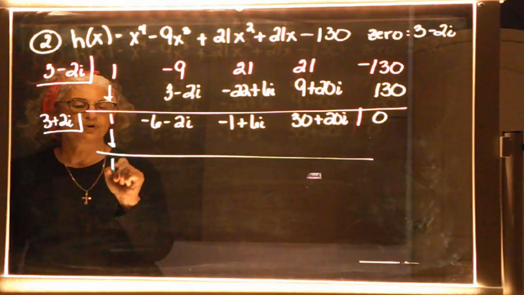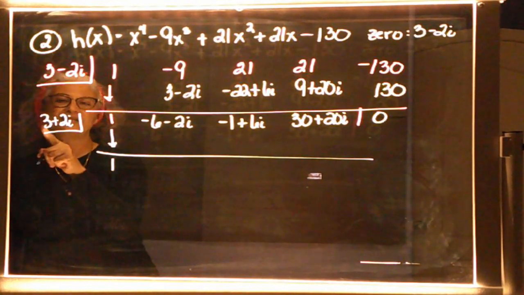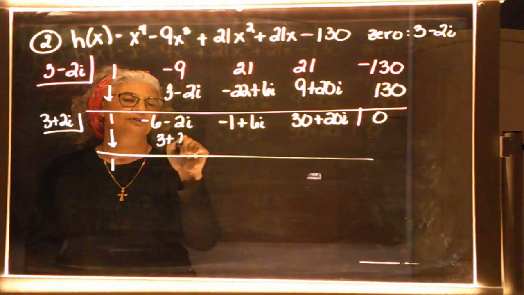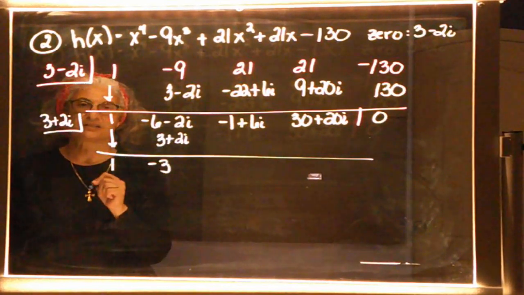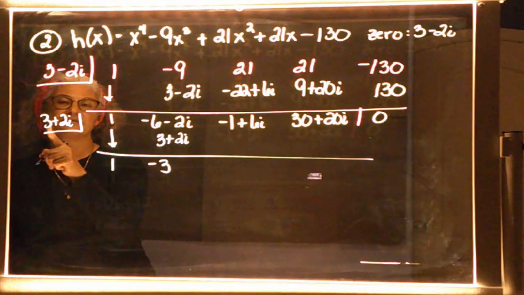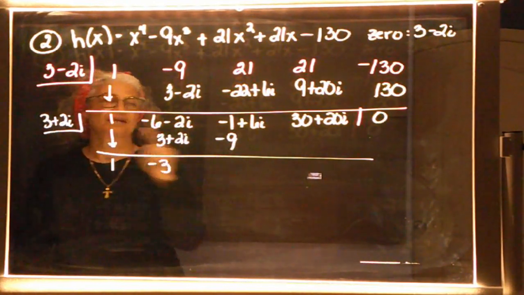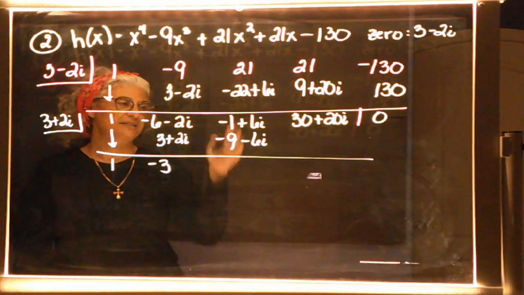I bring down this 1. Okay, what's 1 times 3 plus 2i? 3 plus 2i. Oh look, the 2i's canceled. That leaves me a negative 3, doesn't it? Negative 3 times 3 plus 2i. Yep, negative 9 minus 6i, right? Oh look, the 6i's dropped.